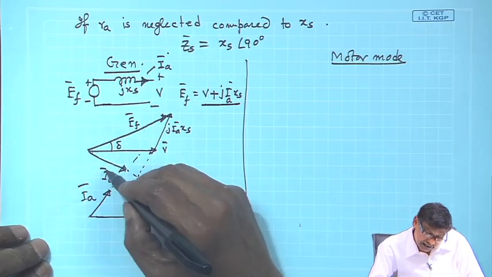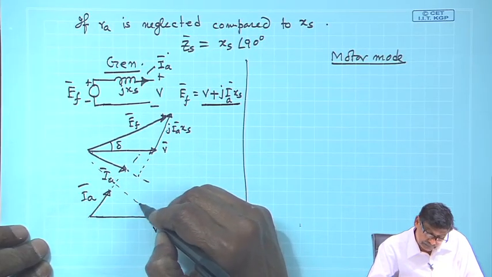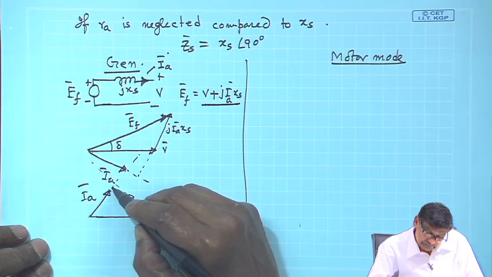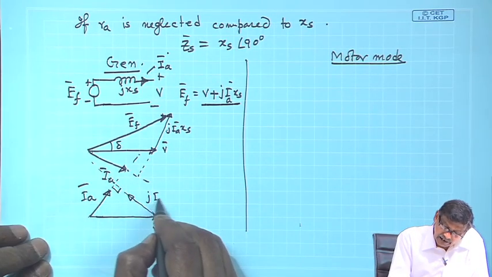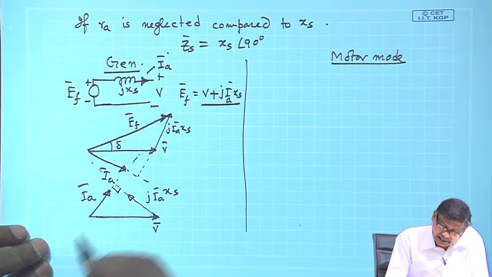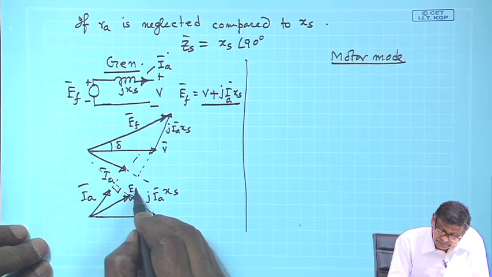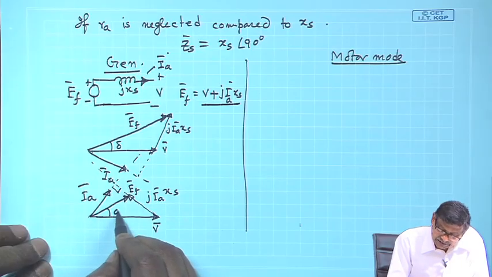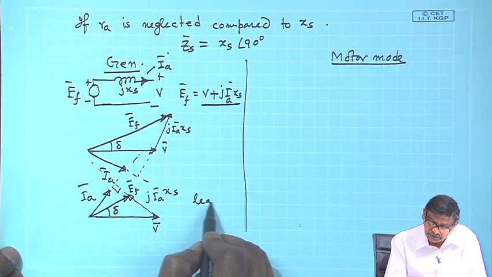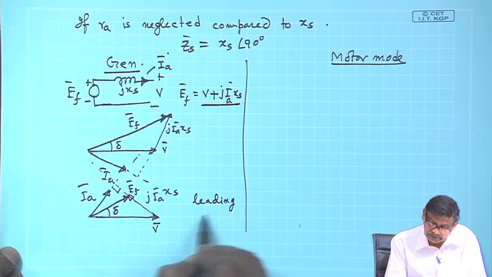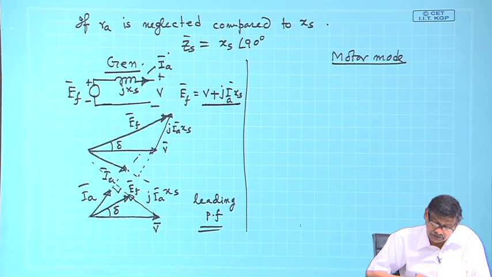So, draw a line which will be perpendicular to this I_A line, and this will be your jI_A X_s, and this will be your excitation voltage, and this will be angle delta. So, this is leading power factor load.